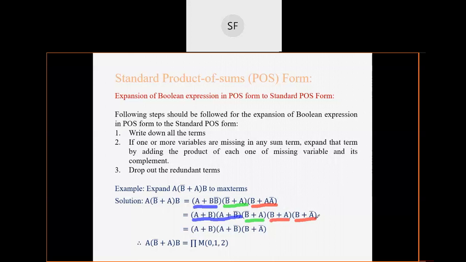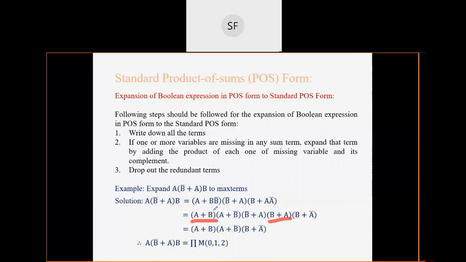Okay, now you have to observe whether any of these terms are redundant terms or not. So these are total 1 2 3 4 5 terms, and by the observation you can find out that it is a plus b here, here also it is b plus a.